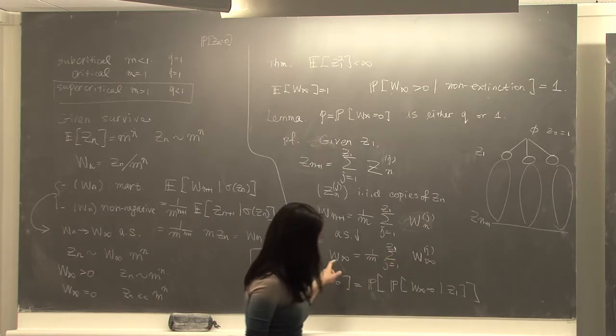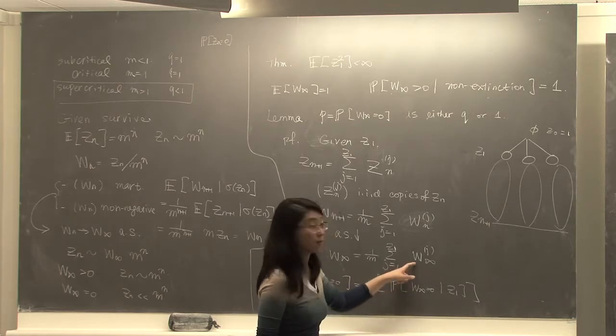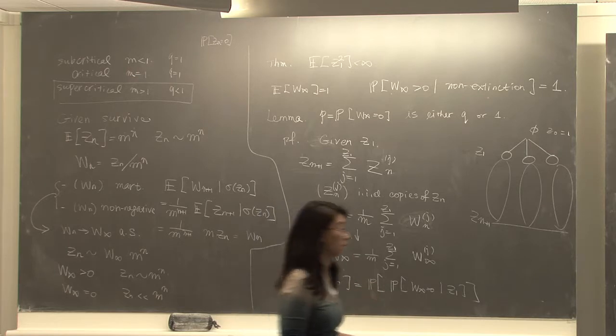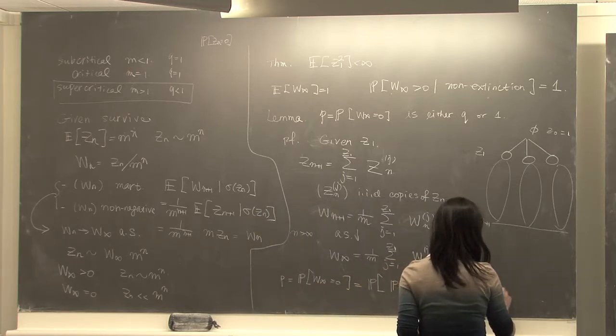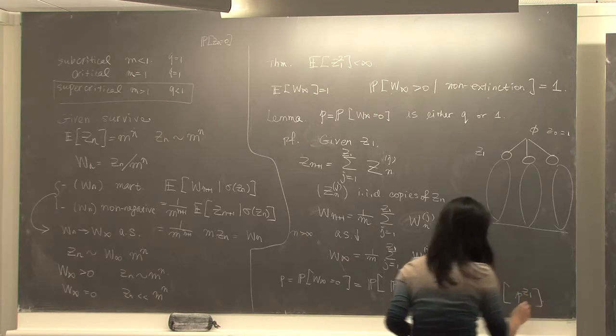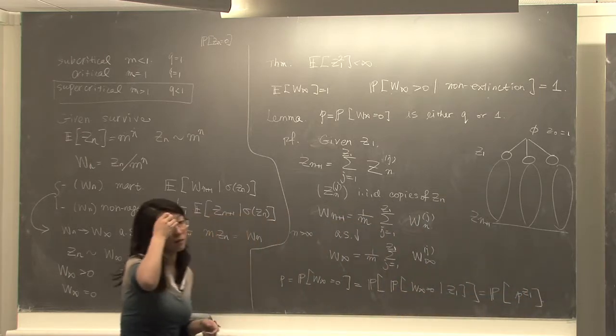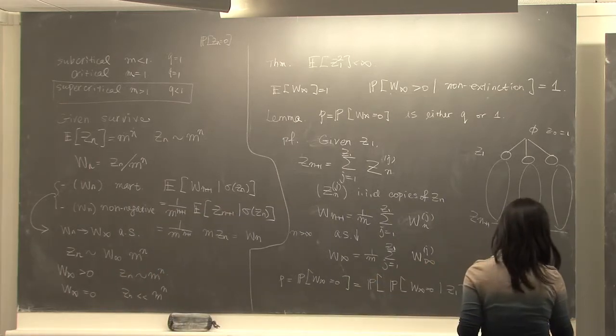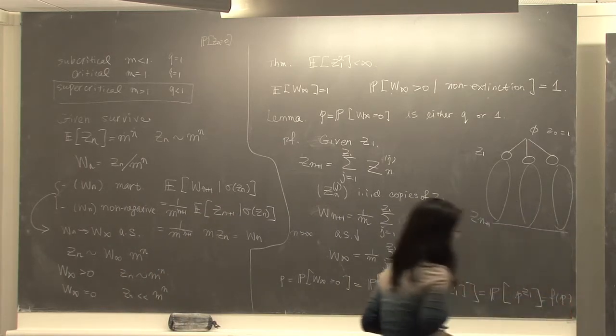So in order for W infinity to equal 0, all of them must equal 0, and there are Z1 of them. So it is P to the power Z1. And by definition, this is just the generating function at P.